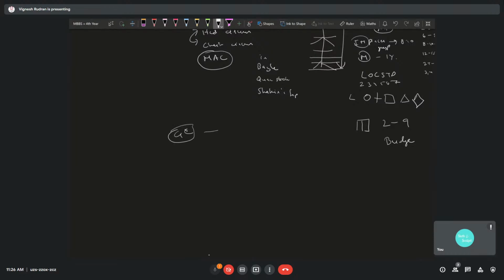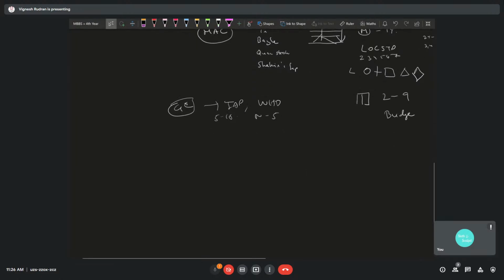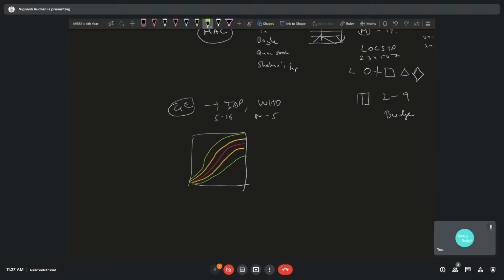So you have two important growth charts, IAP and your WHO. WHO is for neonates till 5 years. Your IAP is 5 to 18 years. What they will do is they will have a plot like this. They'll have one center line like this, two lines like this, last line like this.